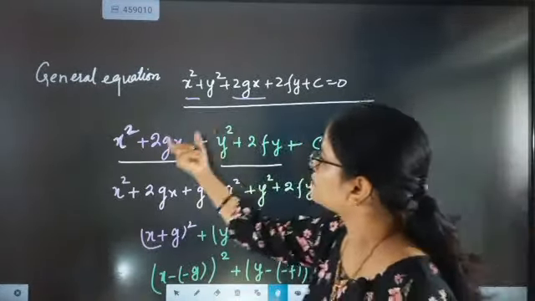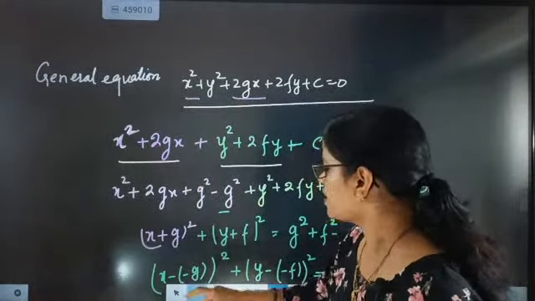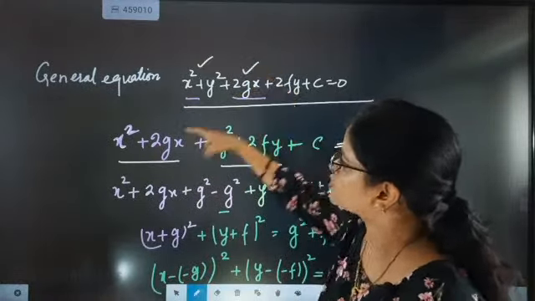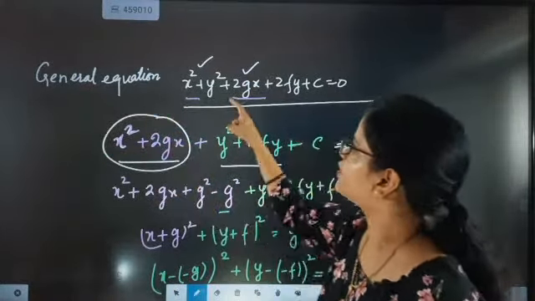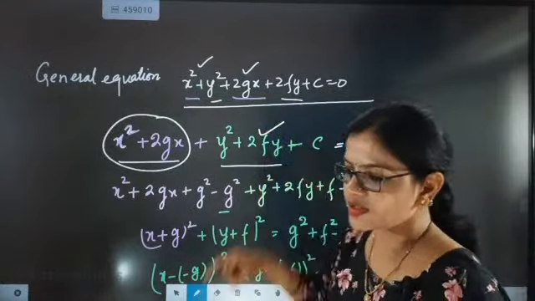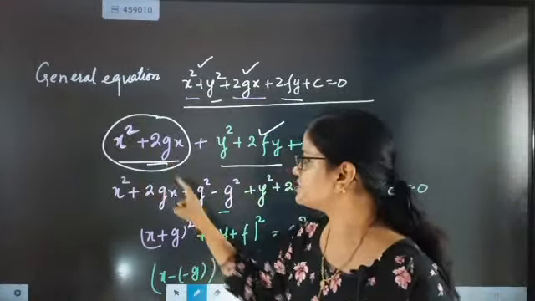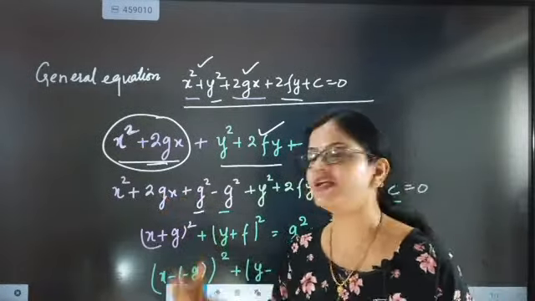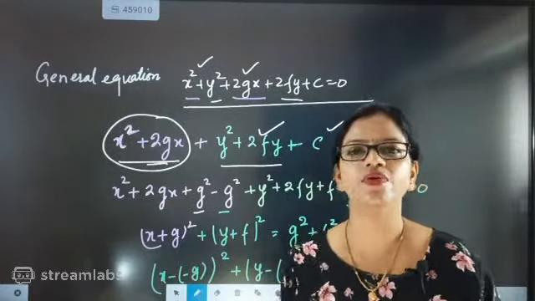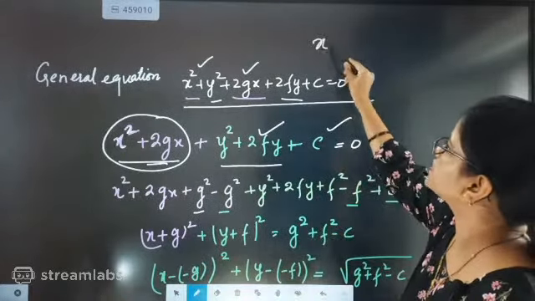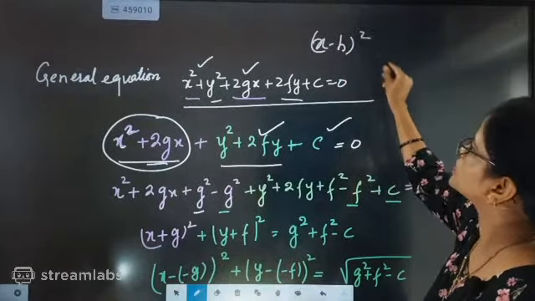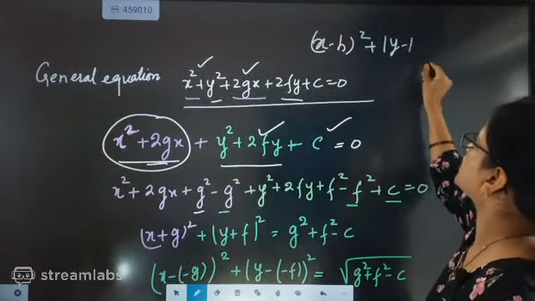Then what I have done? I took x square and 2gx together. Then I took y square plus 2fy together, and plus c is there. Now this part is missing g square for making it a complete square, because our standard equation is x minus h whole square plus y minus k whole square.